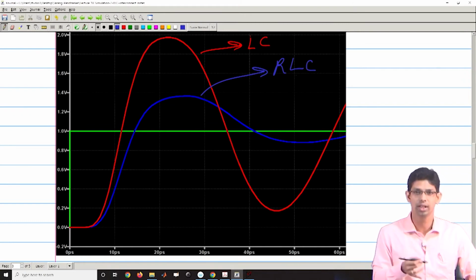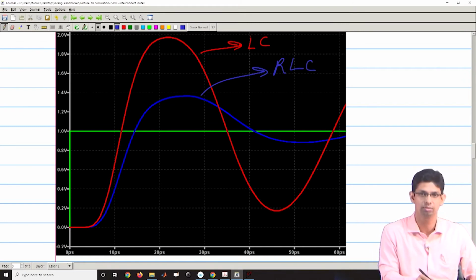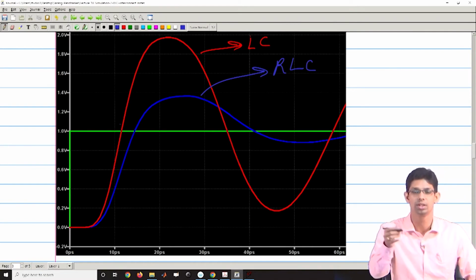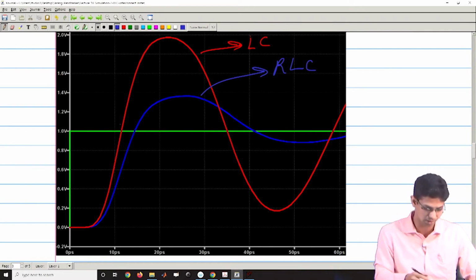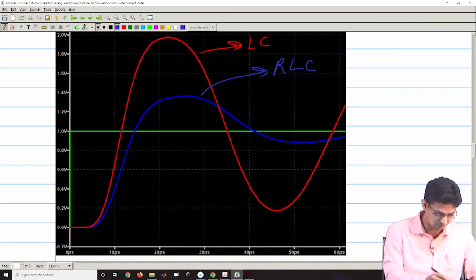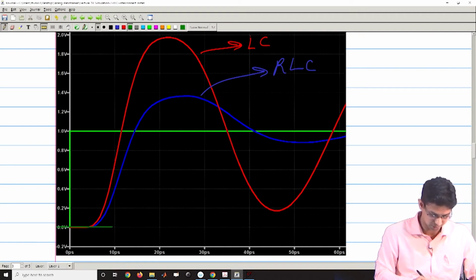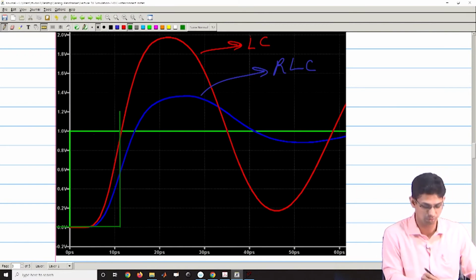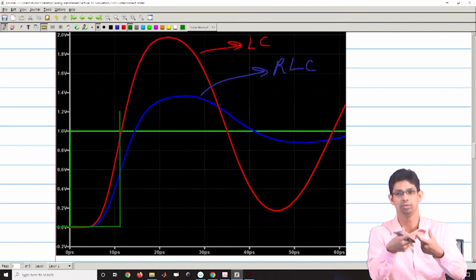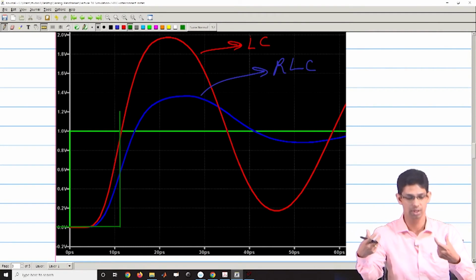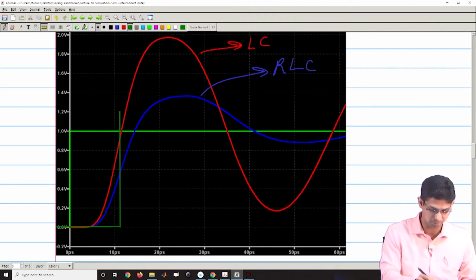Now I would have theoretically assumed that if a pulse comes here, like I had shown in the animation in the previous lecture, a pulse would come and travel here. So my input would have traveled like this, and from here it would have gone up, right. This would have been my ideal case: an input pulse comes, there is an LC wave propagation delay, and then my pulse would have been here.